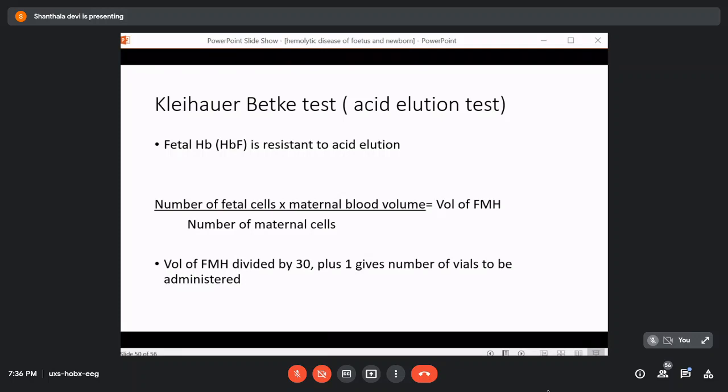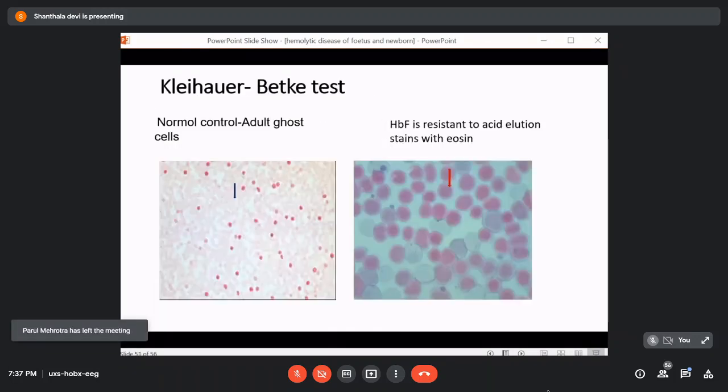So we can use this to calculate the volume of fetomaternal hemorrhage: the number of fetal cells divided by the number of maternal cells, multiplied by the maternal blood volume, and this should be divided by 30 and 1 added to give the number of vials to be administered in cases of higher fetomaternal hemorrhage, when you suspect the hemorrhage is more than 30 ml.